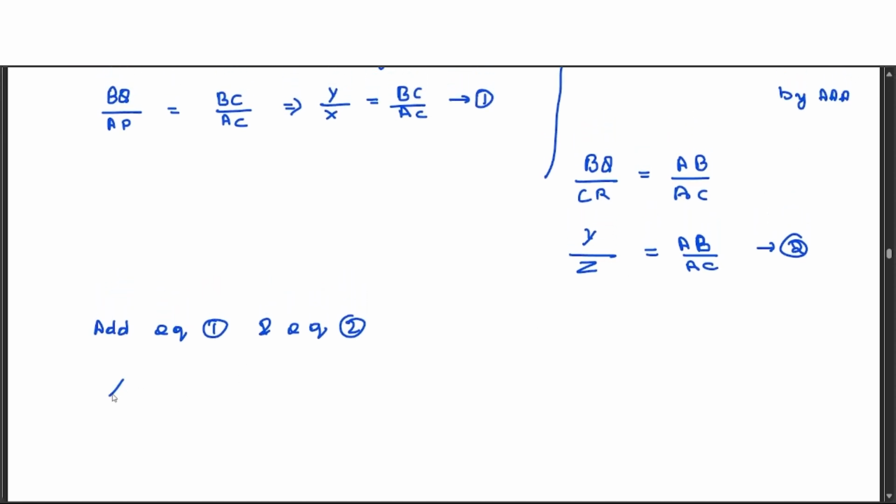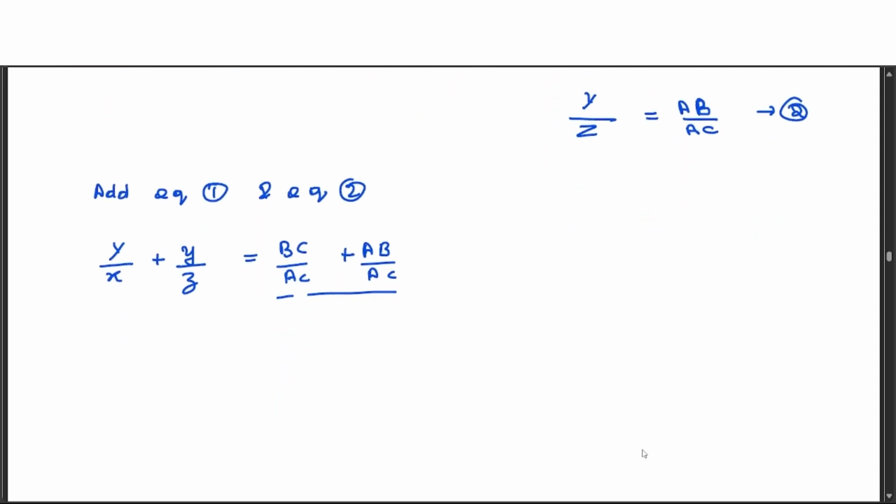So we can say y over x plus y over g is equal to BC over AC plus AB over AC. We can add. So now you can see the right side is like a fraction, but the left side is different.